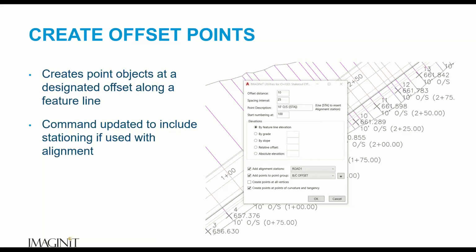If you're familiar with the command, and we'll show this off in just a little bit, it creates offset points along the feature line. Well, sometimes there's an alignment that corresponds or is near that feature line, and sometimes there's not. But what we were able to do was, if there is an alignment and you want to reference stationing off of that alignment, we've added the ability in the functions to be able to do so.